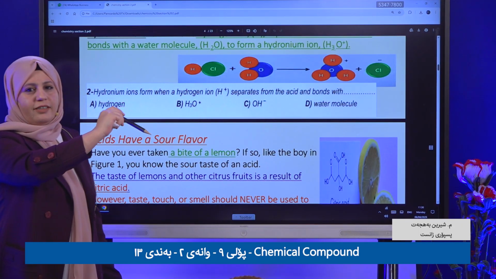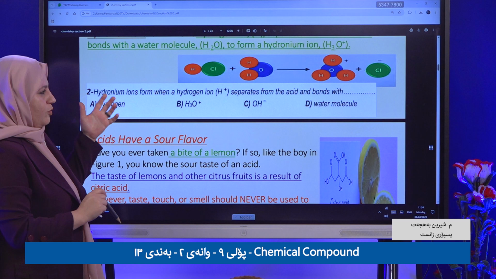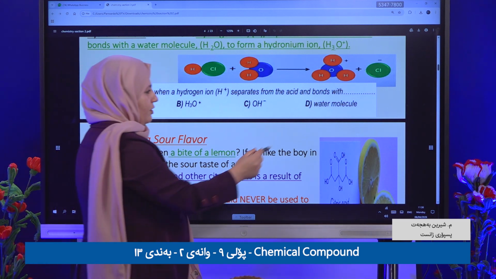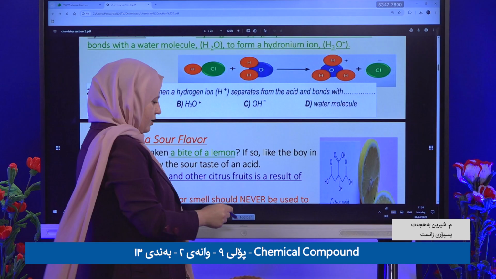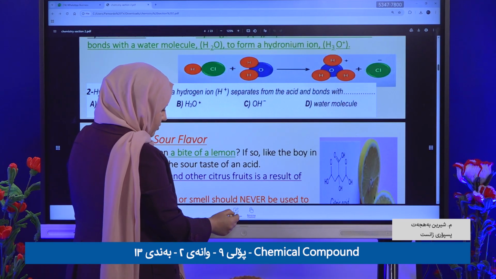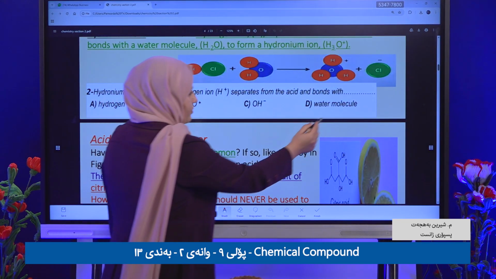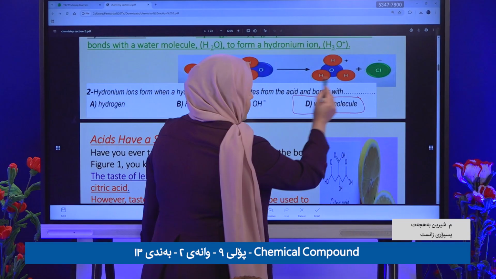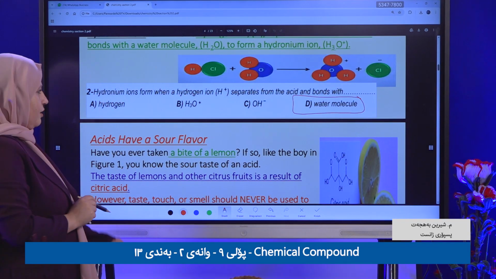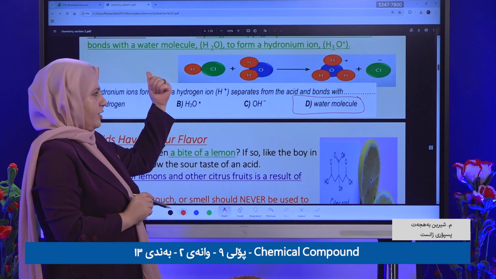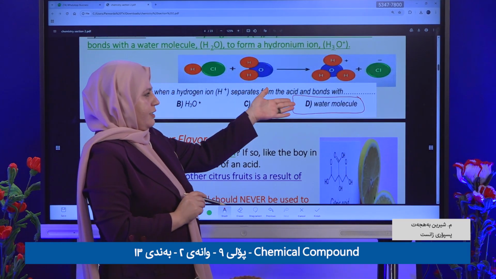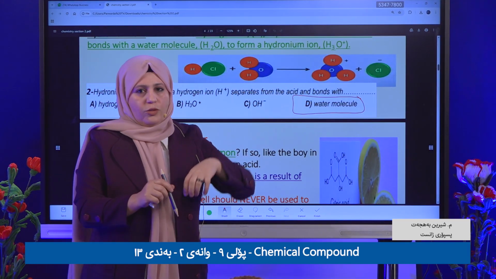Which one is correct? Of course, water molecule. Get it? So a hydronium ion is formed when hydrogen separates from acid and bonds with water.